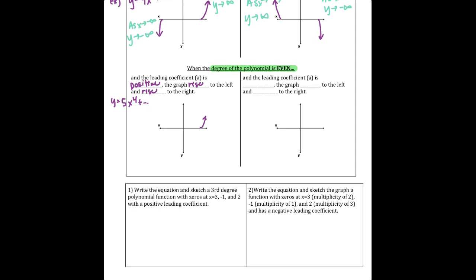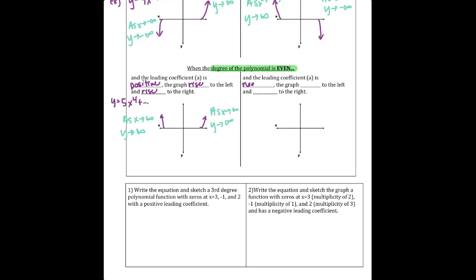So like this. So we write as x goes to infinity, y goes to infinity. And as x goes to negative infinity, y goes to infinity.